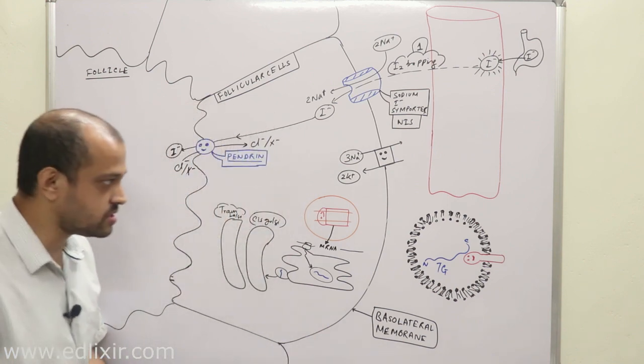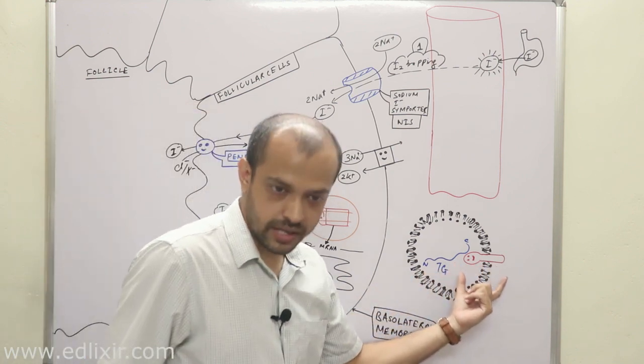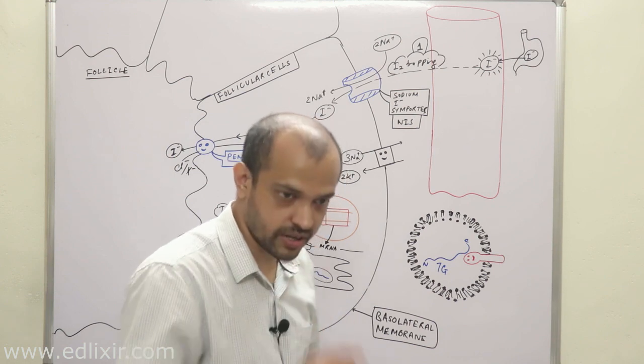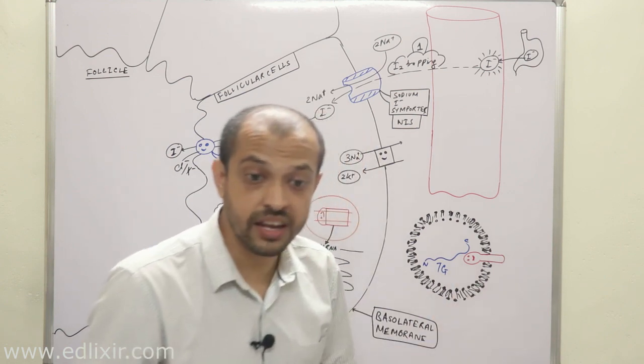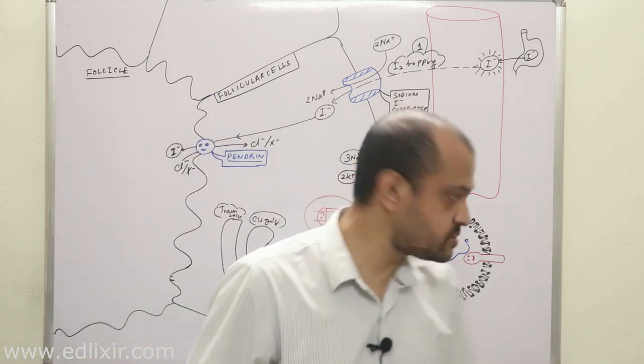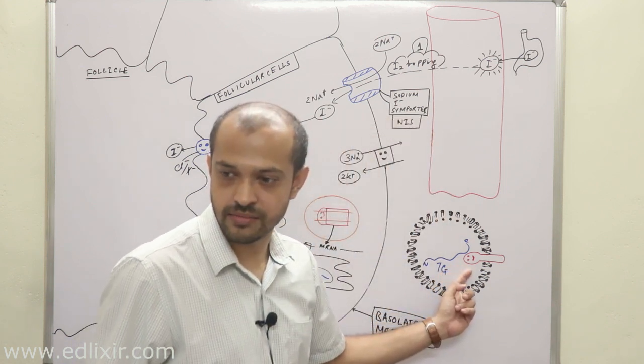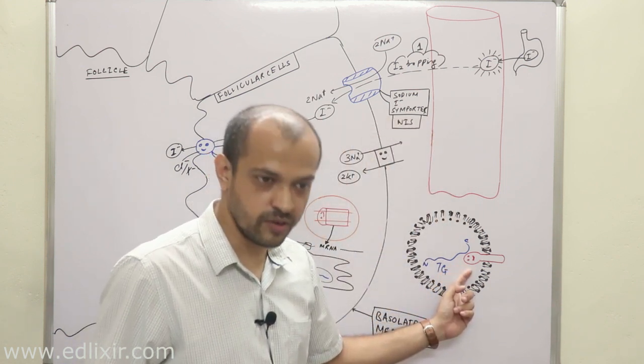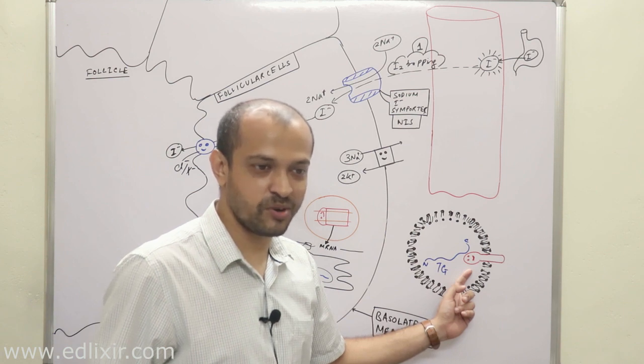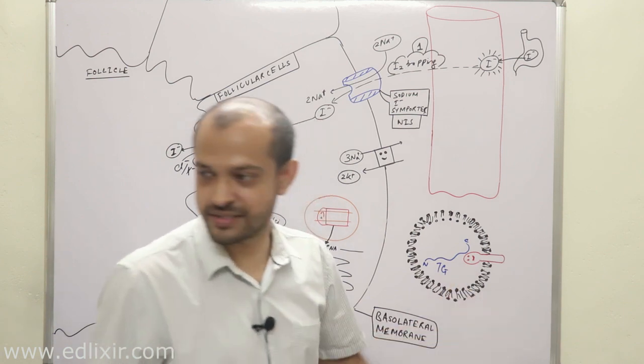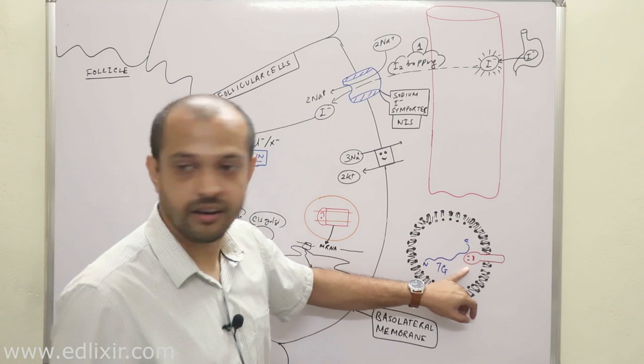Now listen with all your attention, this protein is actually a very, very important enzyme. You know what is the name of this enzyme? It is known by the name of thyroid peroxidase. Clear? This is the thyroid peroxidase molecule.